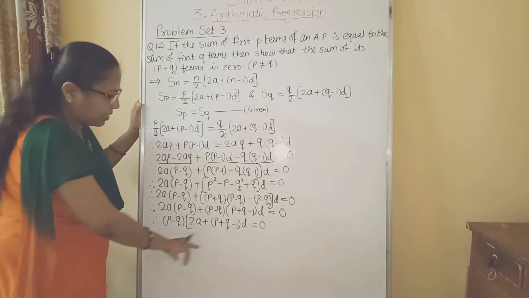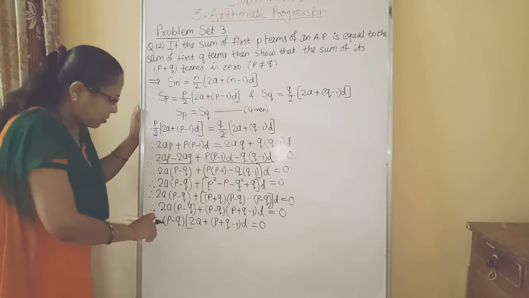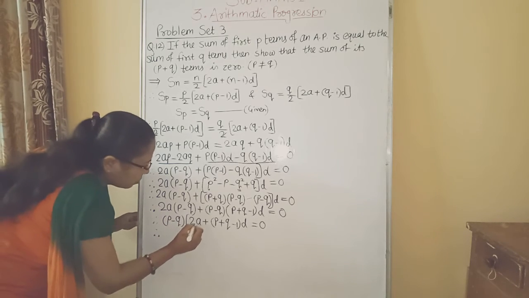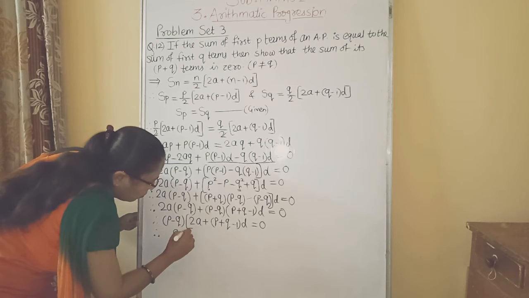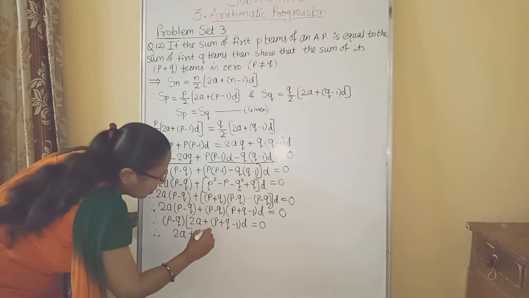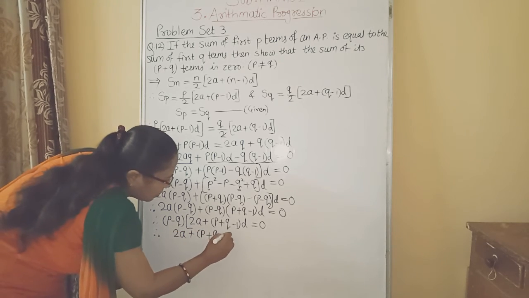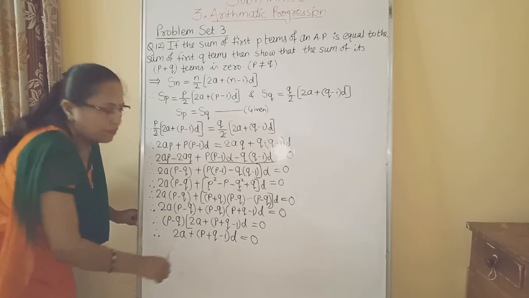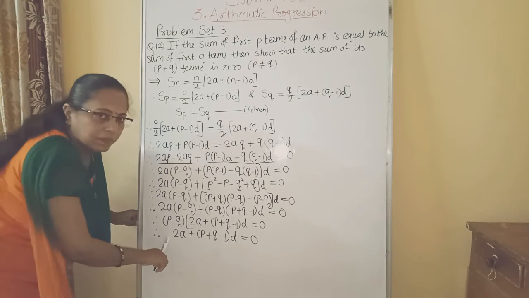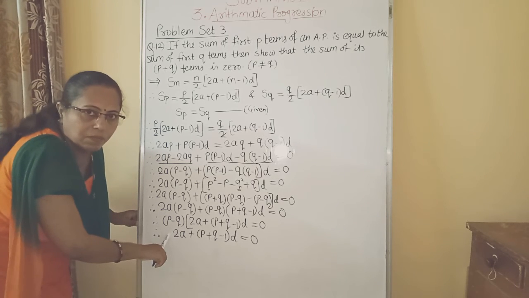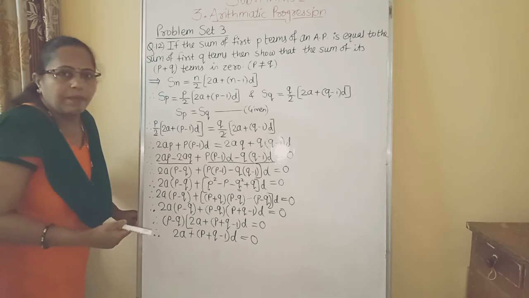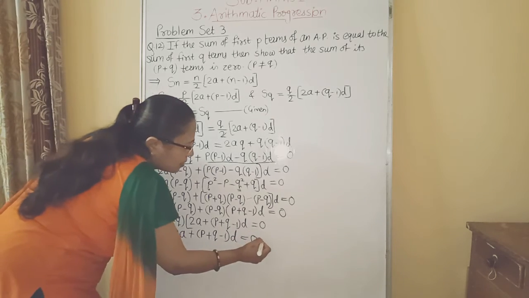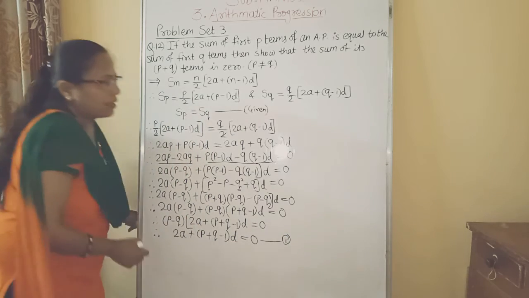That's why we will divide this by p minus q. So if you divide it by p minus q, here we will get 2a plus p plus q minus 1 into d is equal to 0. 0 divided by this term p minus q. Okay. So 0 divided by any number, we will get answer 0. So this is statement number 1.